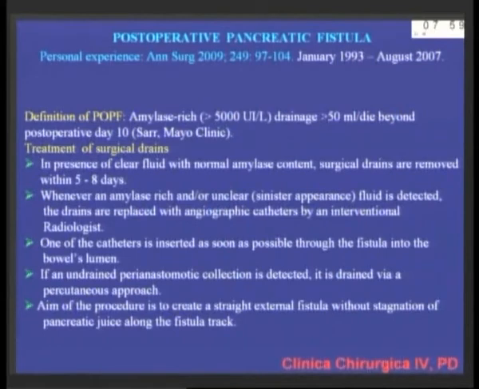If an undrained perianastomotic lesion is detected, it is drained via a percutaneous approach. The aim of the procedure is to create a straight external fistula, to transform a type B or type C into a type A pancreatic fistula, without stagnation of pancreatic juice along the fistula tract.